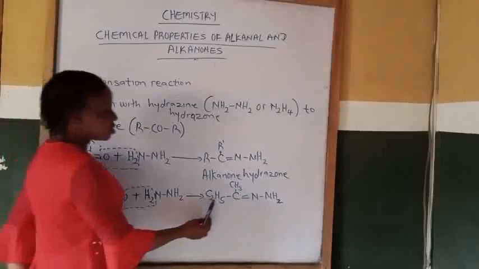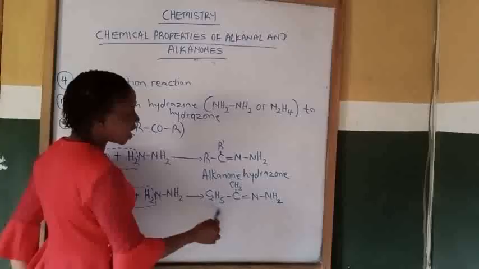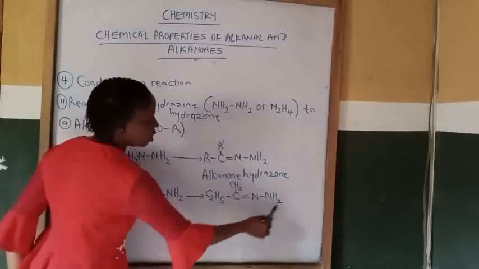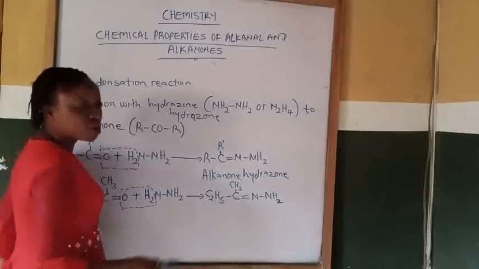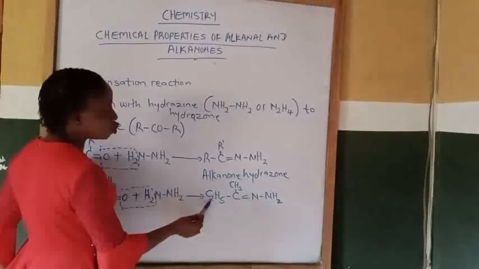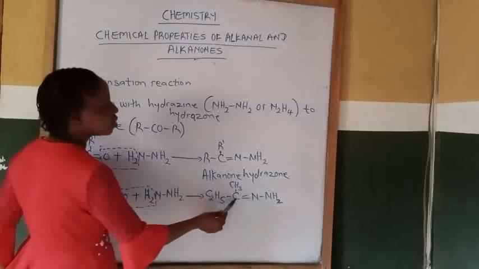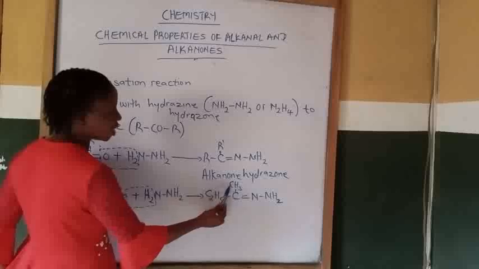So this structure is from an alkanone and hydrazone. So let's name this alkanone. We are going to name the continuous carbon chain. 1, 2, we have 2 carbon atoms here, 3 here, 2 here plus 1, 3 plus 1, that is 4.